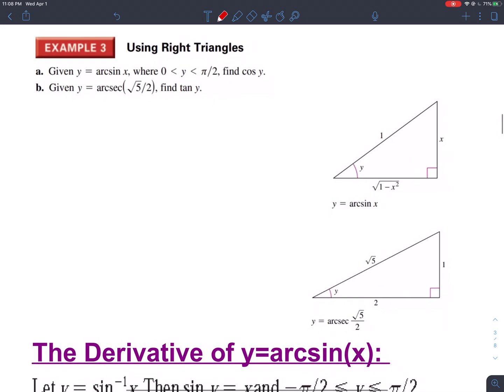Using some right triangles. Now, I love these problems because they really do require you to do a little bit of thinking. They're not as basic as the previous example, but they're more algebraic in nature, or they get you to think a little bit outside the box. I cheated some by giving you these triangles off to the side, but the fact is, when you're dealing with trig functions that you can't work out, remember all trig can be related to triangles.